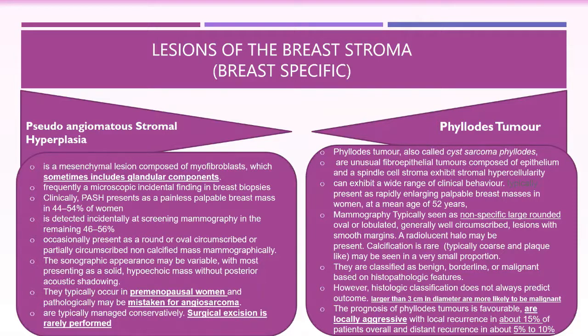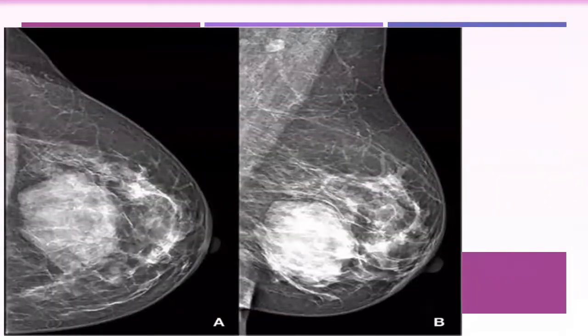In the diffuse type, the patient can present with huge enlargement of the breast, and sometimes it ends in mastectomy, unilateral or bilateral.